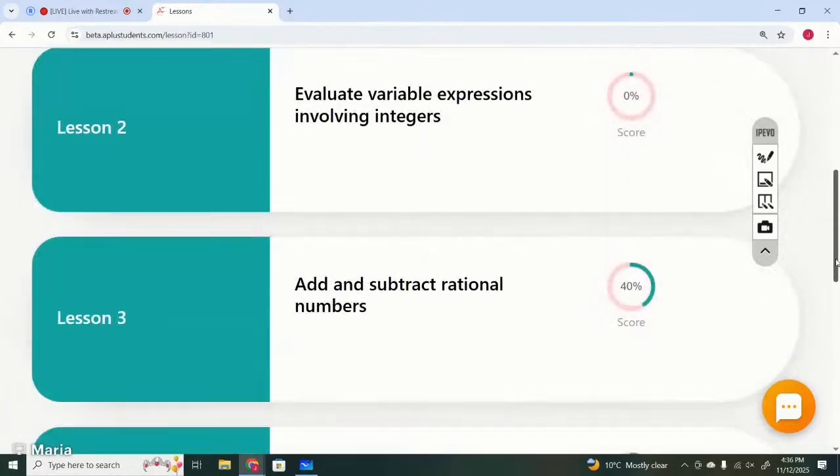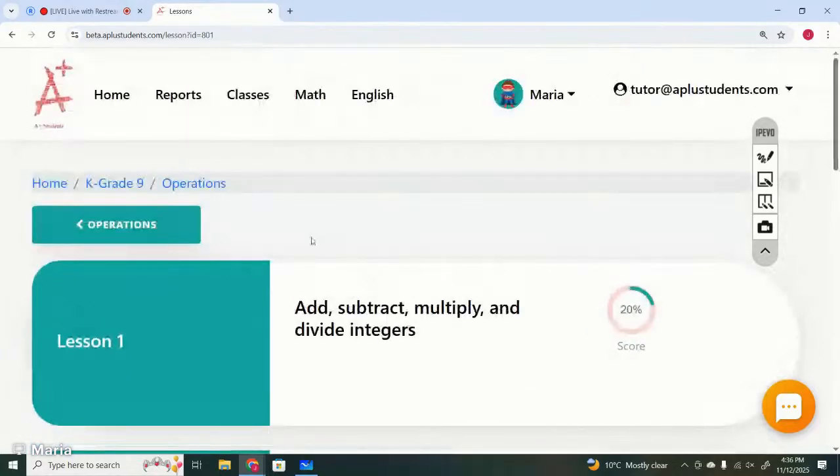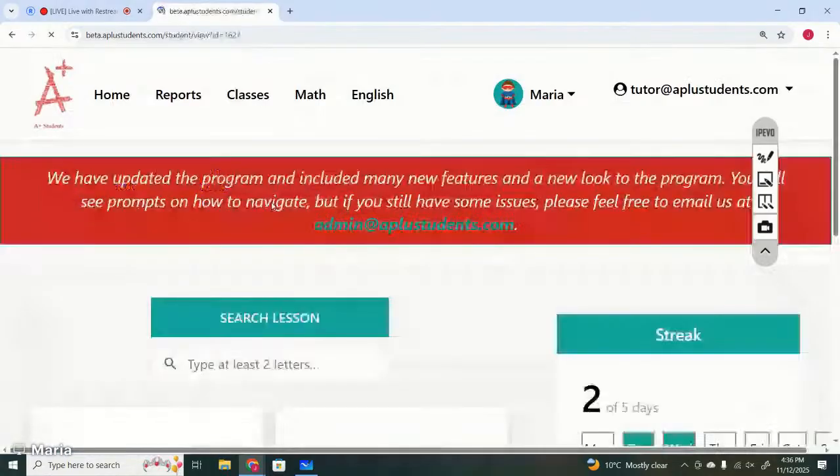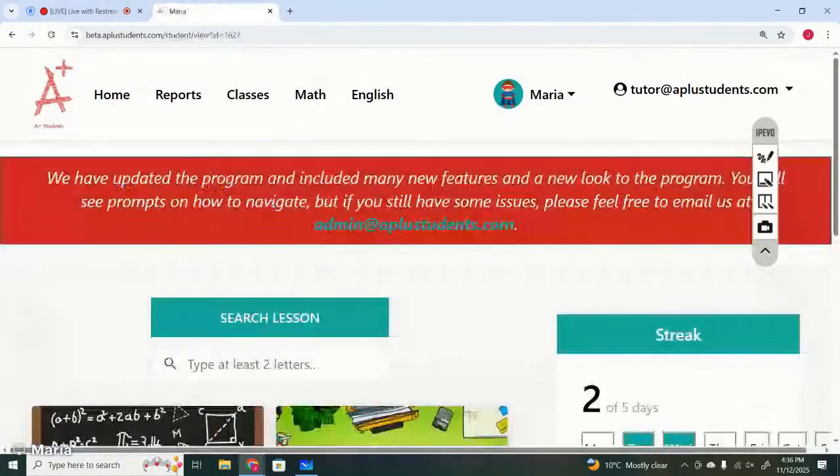Evaluate variable expressions involving integers. Add and subtract rational numbers. So please make sure before the next session you complete all the practice questions for the lessons we just did. That is your homework until next session.